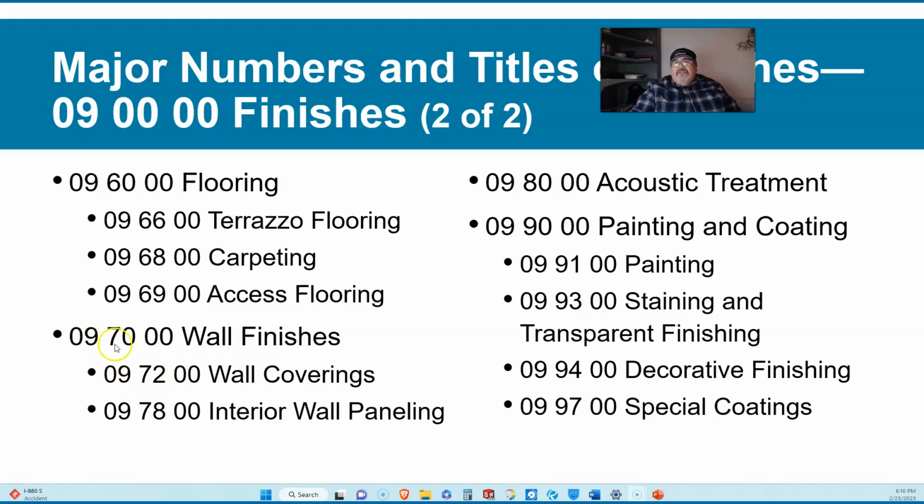So you have 0970 for wall finishes, 0972 for wall coverings, 0978 for interior wall paneling, 0980 for acoustic treatment. Now these numbers are very consistent, and they follow the Construction Standard CSI numbering format.